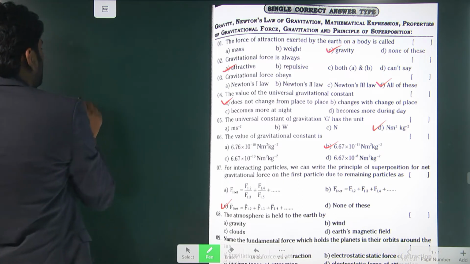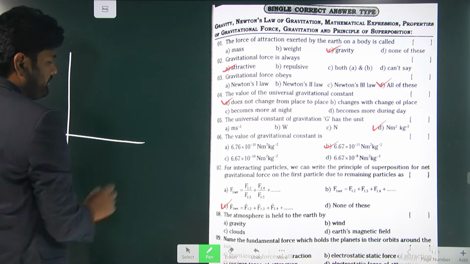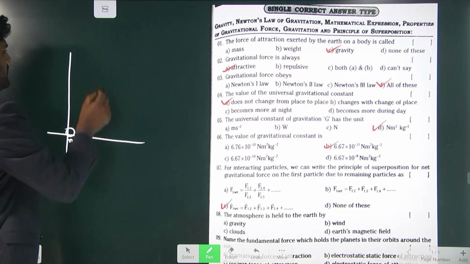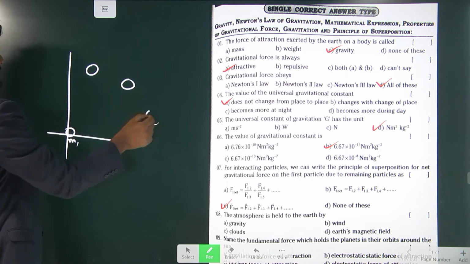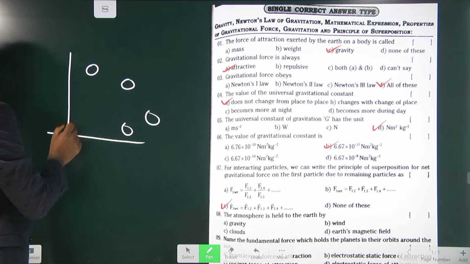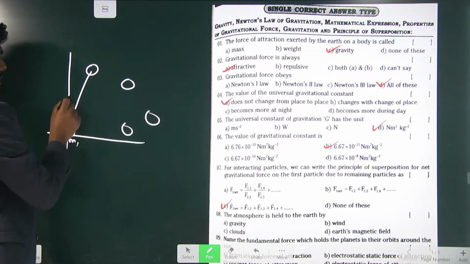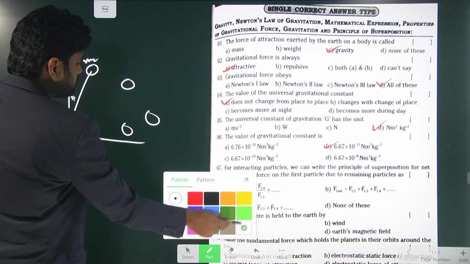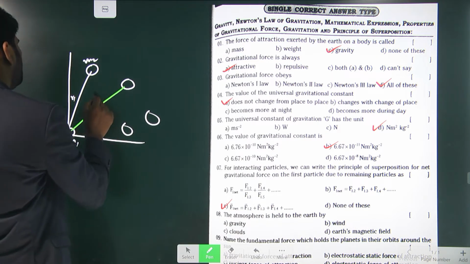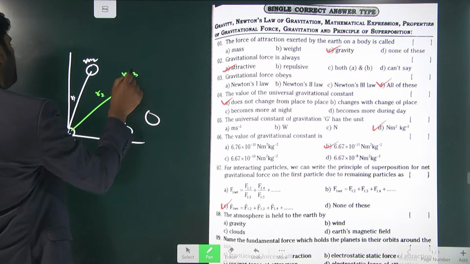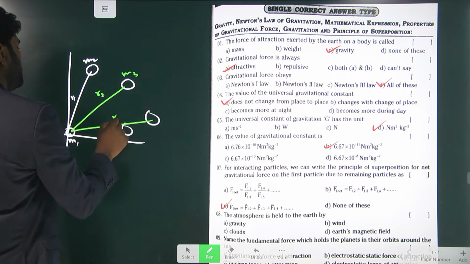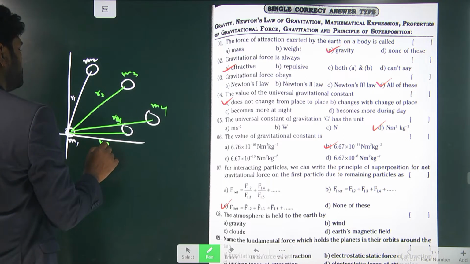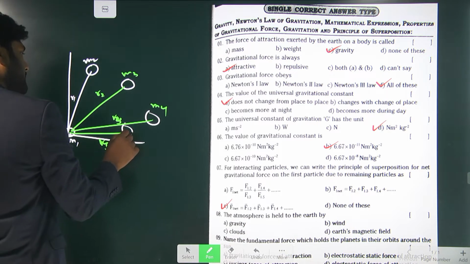Let me take this as a reference frame. Here we have mass m1. Here we have different masses: m2 at distance r2, m3 at distance r3, m4 at distance r4, and m5.